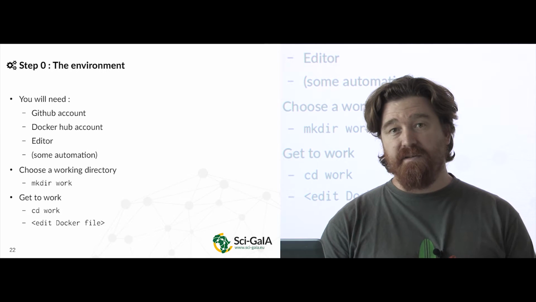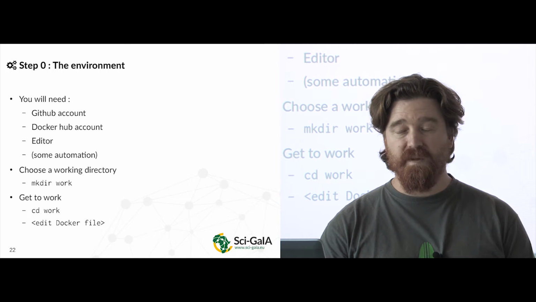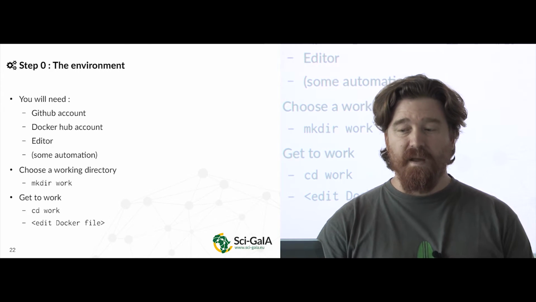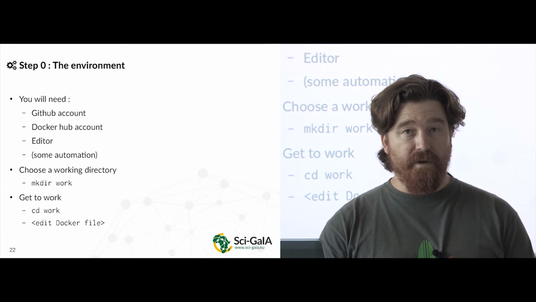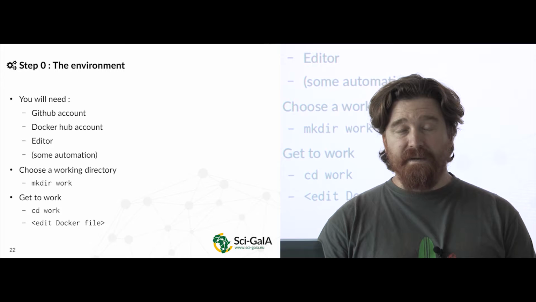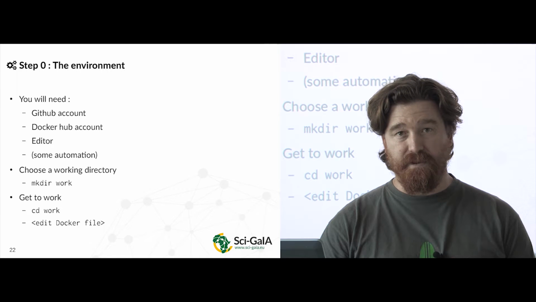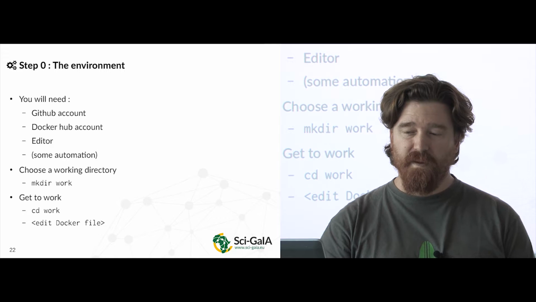Check that you have access to your Docker Hub account, both via the web as well as via the command line, so that you can pull and push images. Make sure that you've got a fancy editor, the one that you like. It may also be worthwhile to take a little time and see which automation tools are available to you. I'll leave that as an exercise for the keen students.